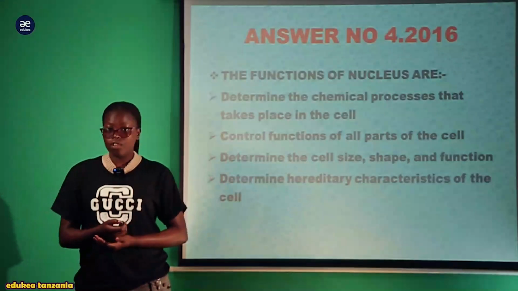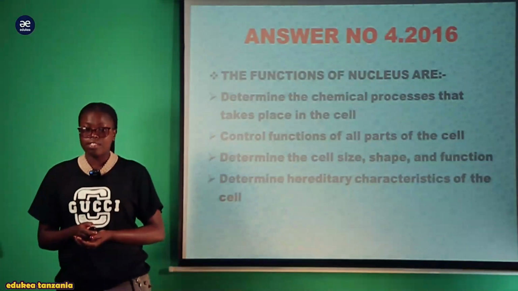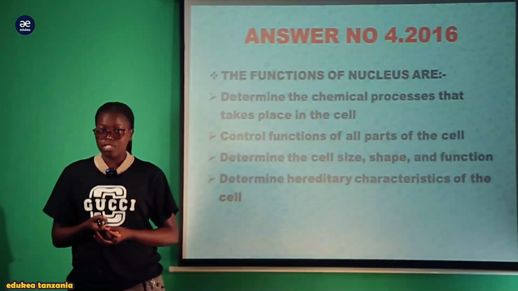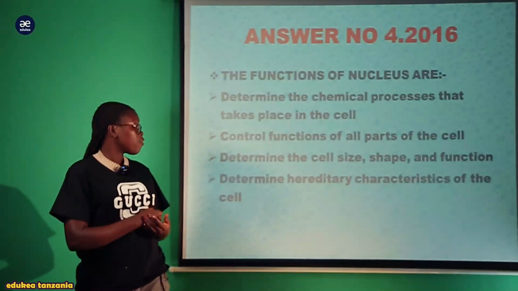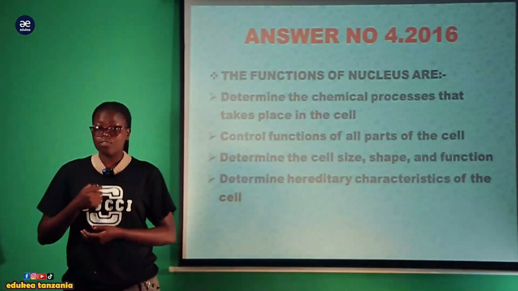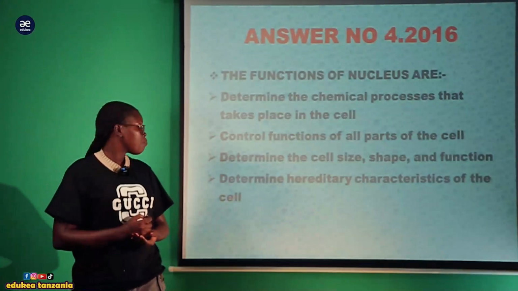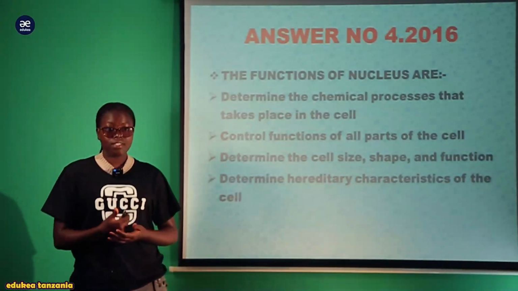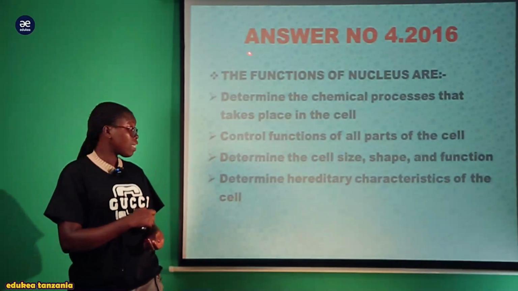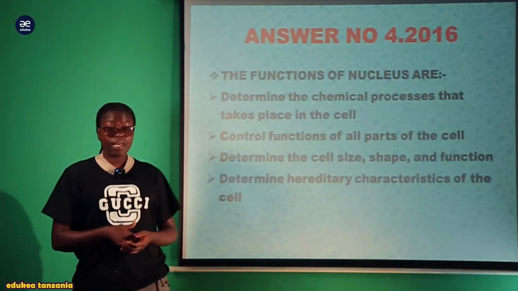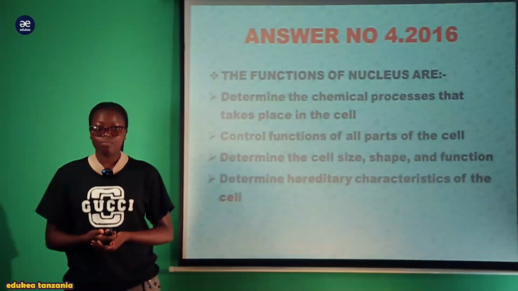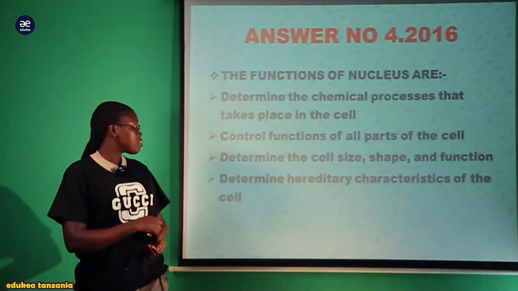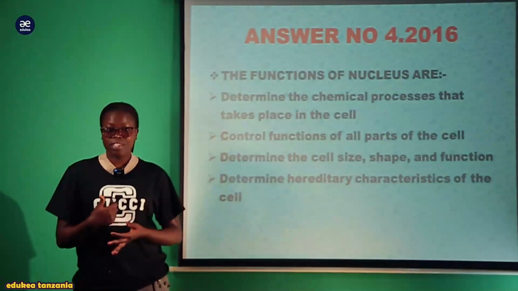So the function of the nucleus is our question of interest. What are the functions? The first function is that the nucleus determines the chemical processes that take place in the cell. The second one is control of all parts of the cell.